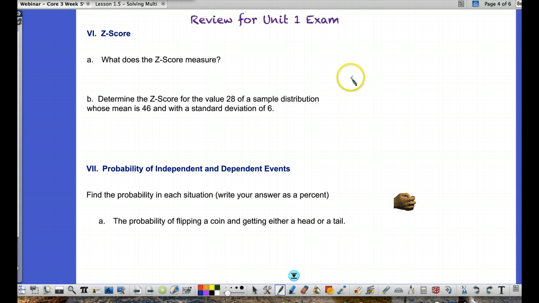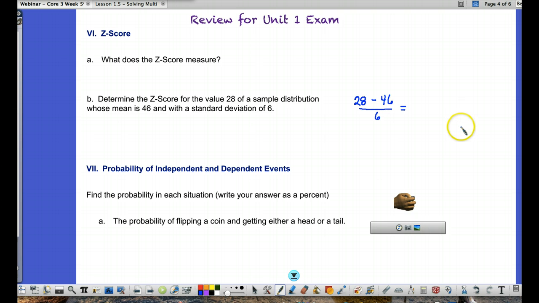The calculation to find the z-score, if you have already done that lesson, is you take that data value, which is 28, and subtract the mean from that, and then you divide by the standard deviation of 6. Good. Grant can do all the work for me. Awesome job.